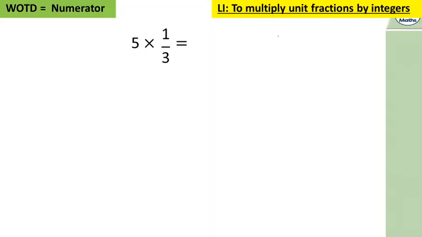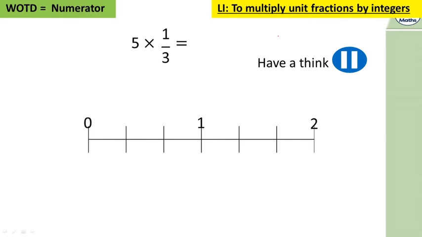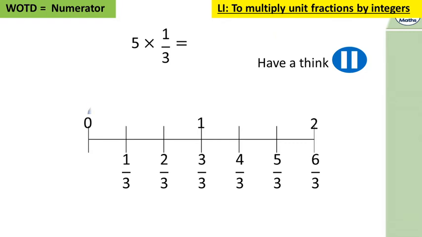Okay, so remember our word of the day, which is numerator. Only the numerator changes when you're multiplying. So 5 times 1/3. What do you think the answer is? Okay, so let's have a look here. So we have 1/3 all the way up to 6/3. So 5 lots of 1/3.